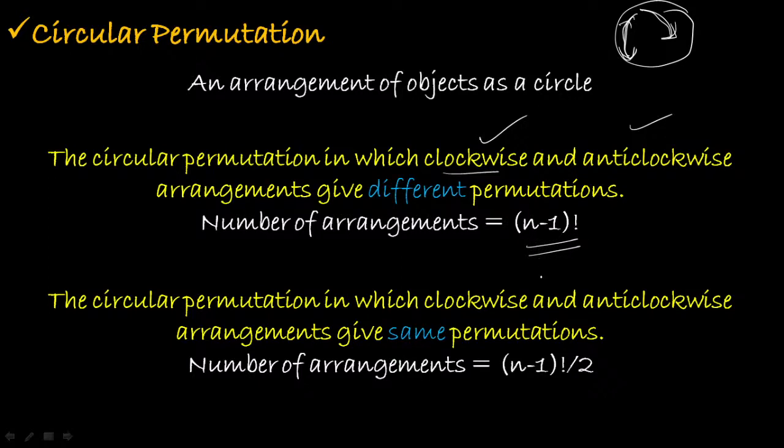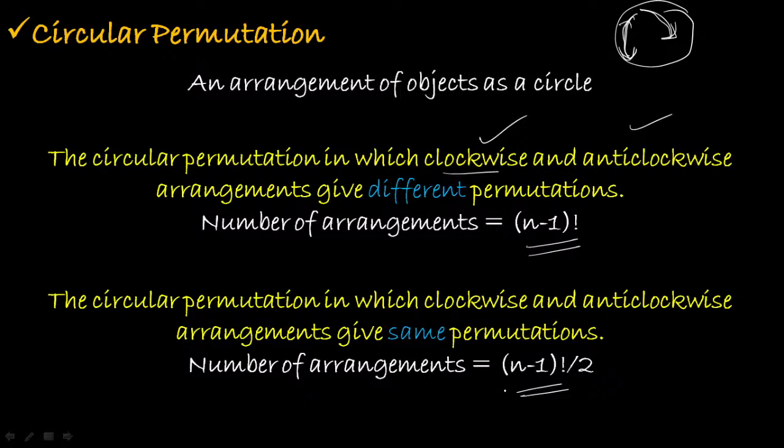If they give the same permutation, you make use of the formula n minus 1 factorial divided by 2 to give the possible arrangements. How do you identify which case it is?